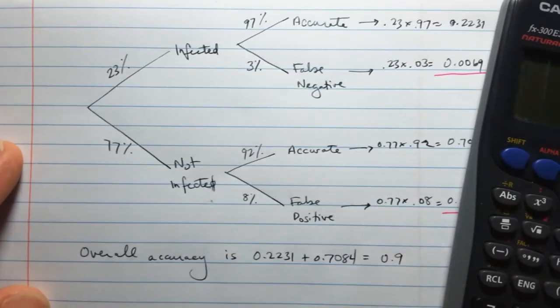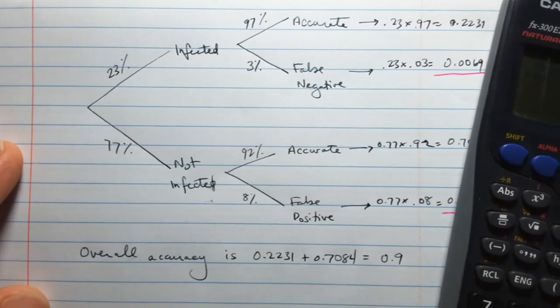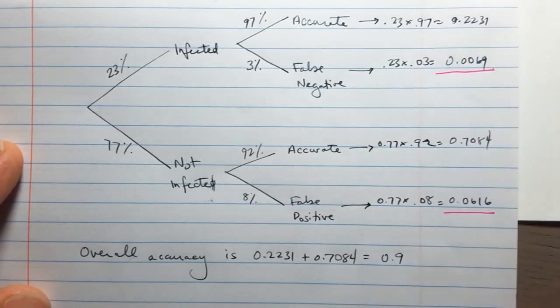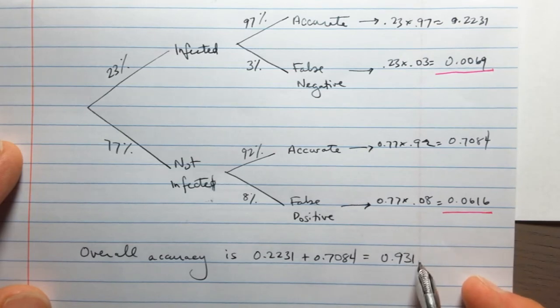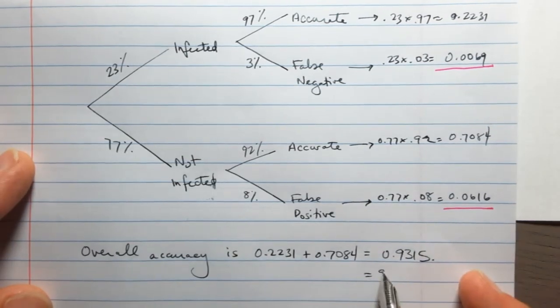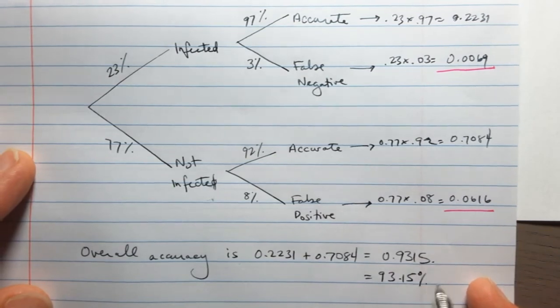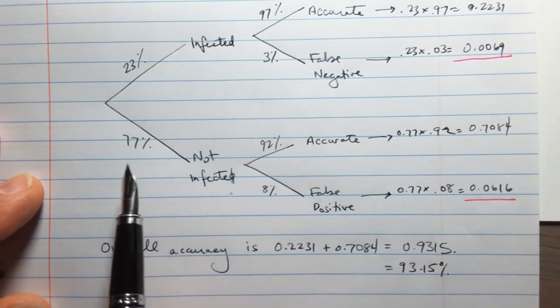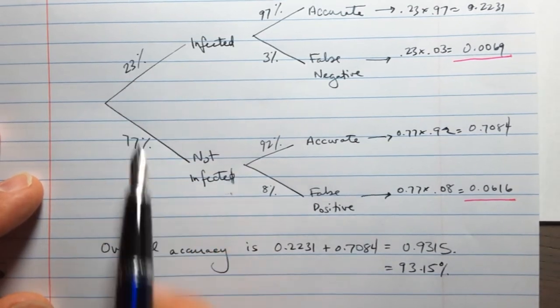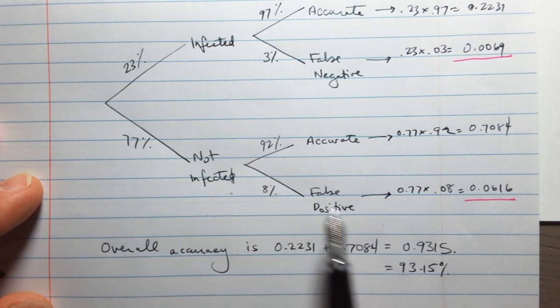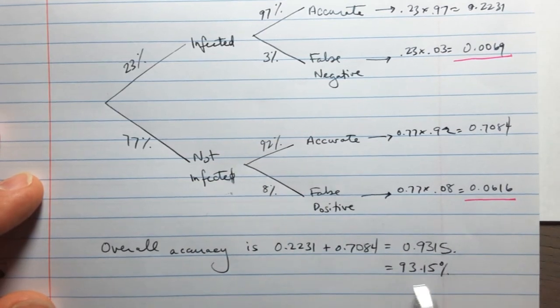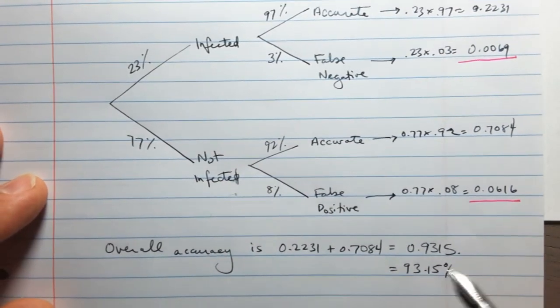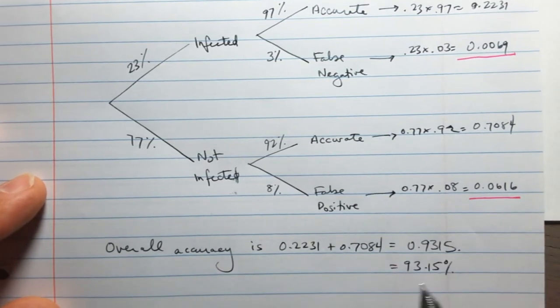I'm going to grab this just in case, folks. 0.9315, okay, 93.15% accuracy. Now, if we had a different situation where the rate of infection was lower and this number then was higher, we would end up with more false positives, and so that would change the overall accuracy. So the accuracy depends on how widespread the virus is. Okay, thanks.